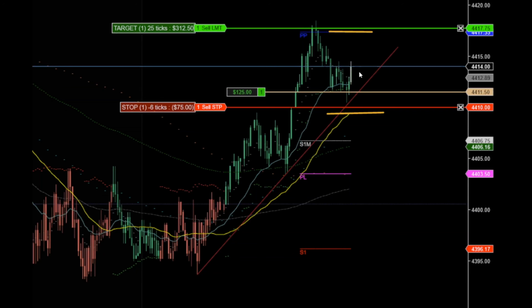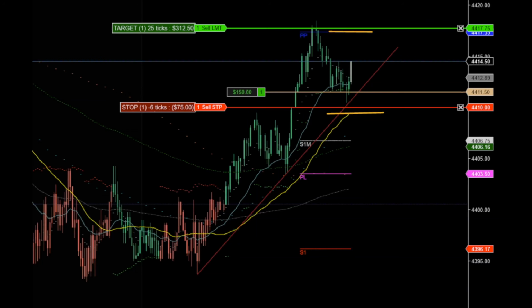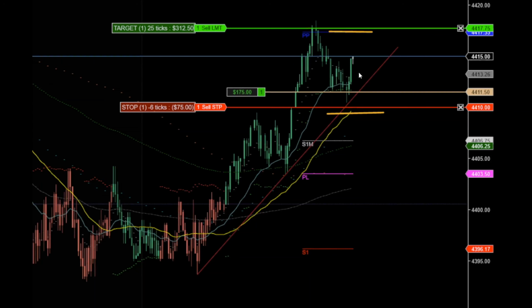Okay, there is a nice push on the buying side. The buyers are stepping in here with that bar. Okay, that bar is almost closed. Okay, now it's a nice strong bar there. That is what I like to see.